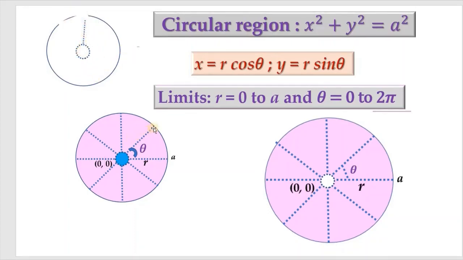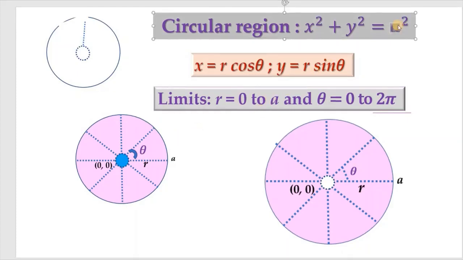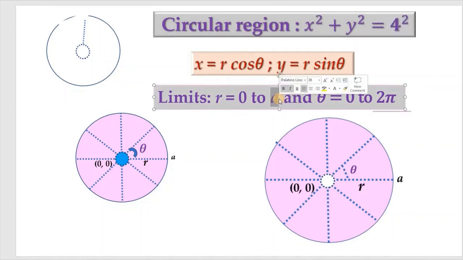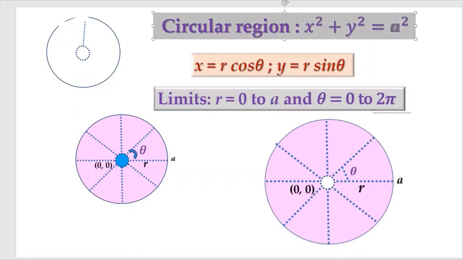But to cover this region, r should vary. So it varies from what to what? Naturally from 0 to a, because this point is the pole (0, 0) and the radius is a. Instead of a square, suppose I am given 4 square, then my r ranges from 0 to 4. Here the radius is a, so you have 0 to a.